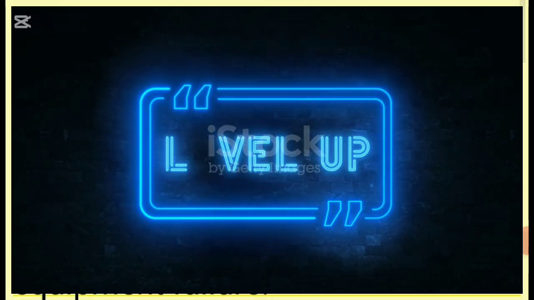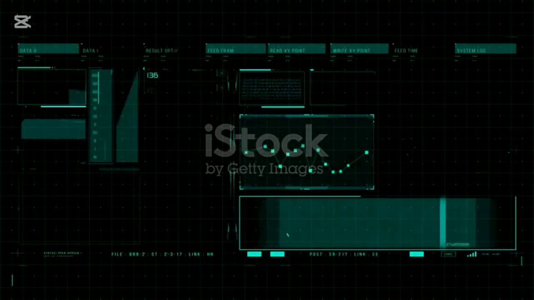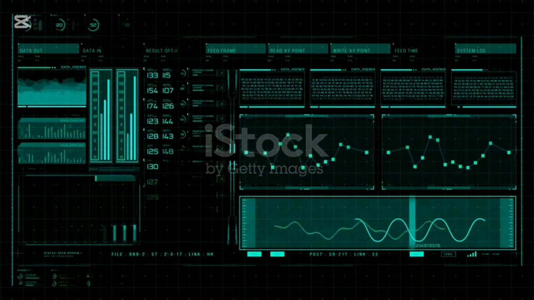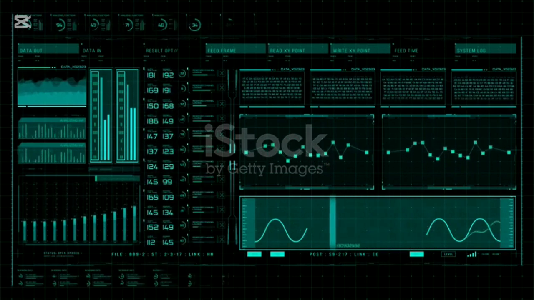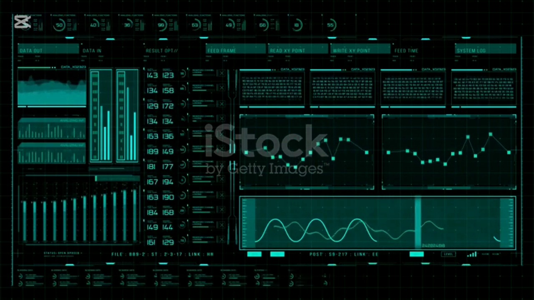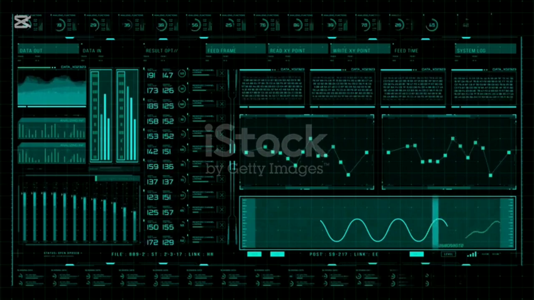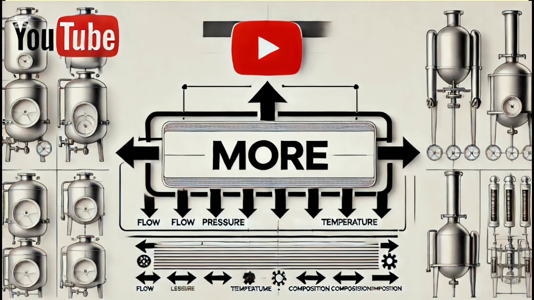Deviation: more level in a separator or in a column might cause overflow and contamination of downstream and carryover. Pressure: more pressure might result from a blocked vent or excessive compression. Deviation: more pressure in a pipeline could cause a rupture or equipment failure.